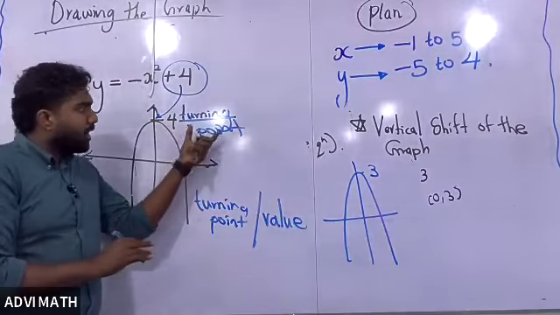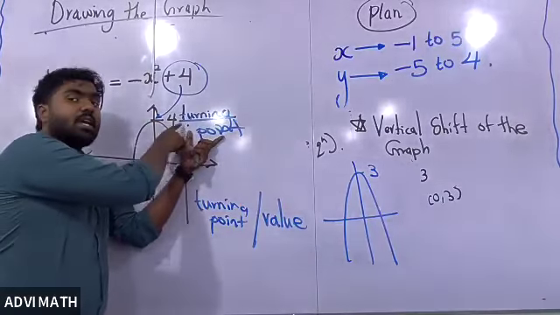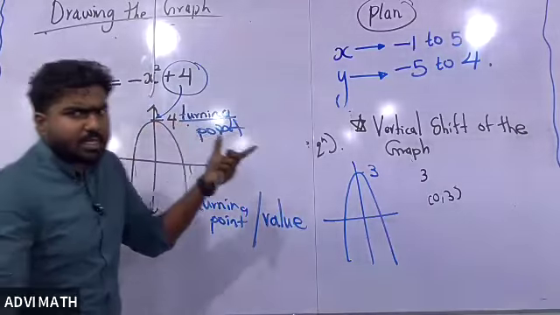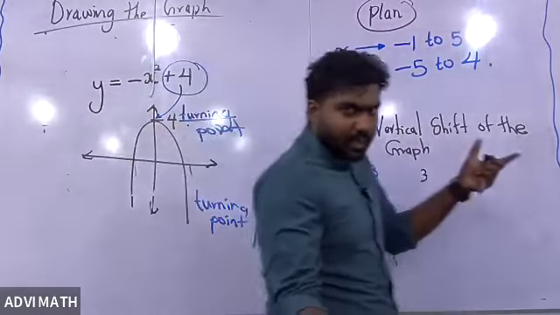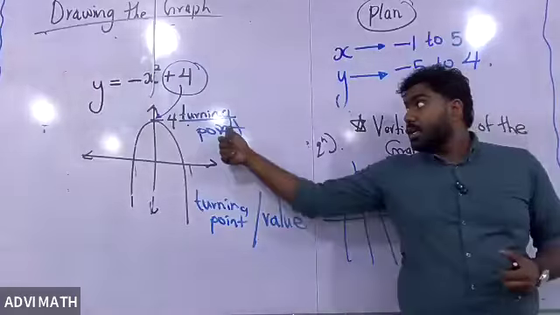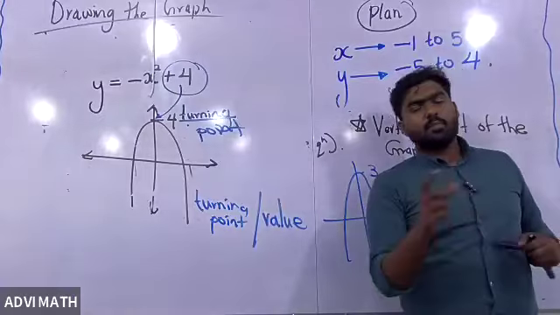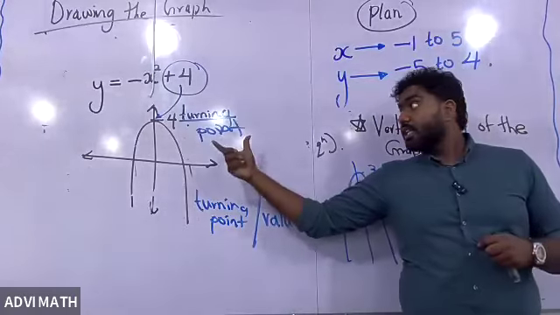That means that point I call what? Turning point. Does a minimum graph have a turning point? Yes, it has. Every graph has a turning point. For a minimum graph, the turning point has another name. What is that name? Minimum point. For a minimum graph, the minimum point is the turning point.